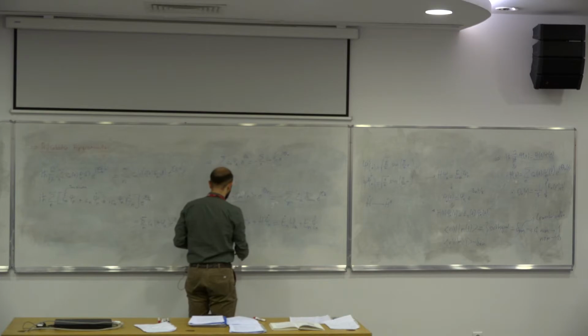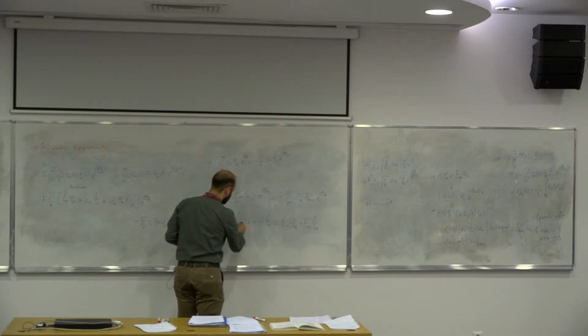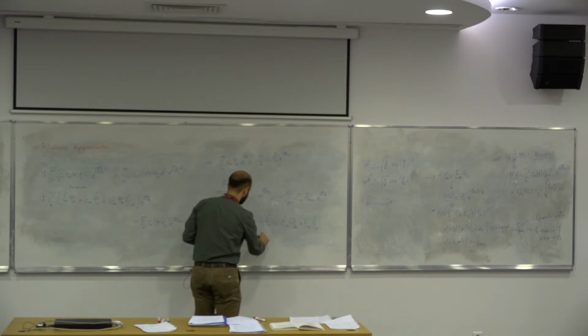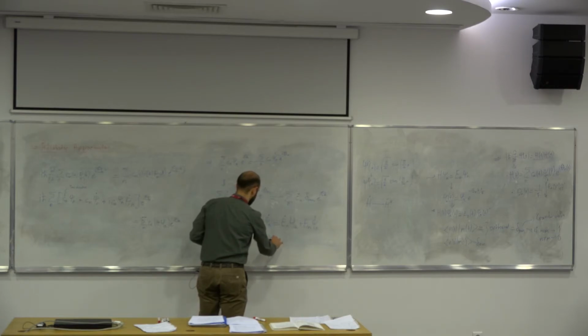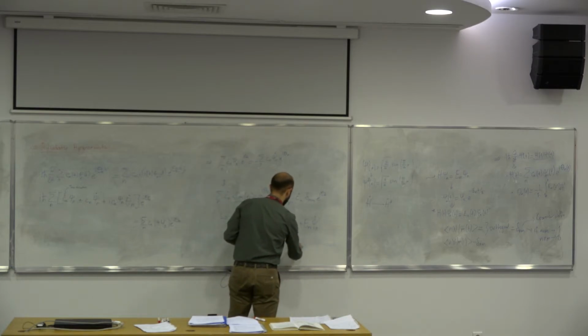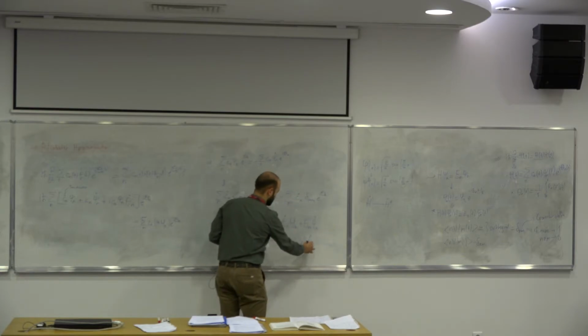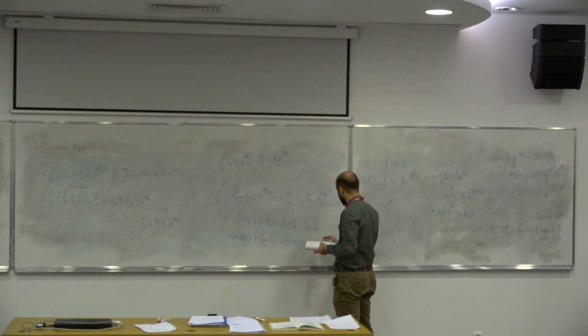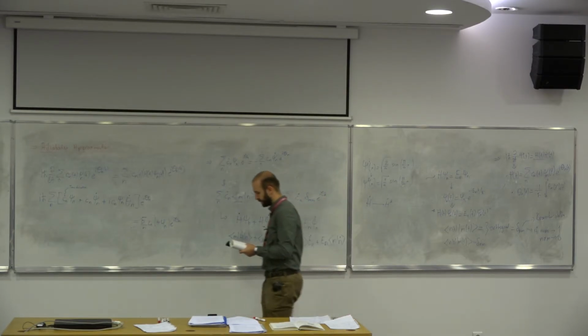Then again I'm going to do the same trick. So I have ⟨m|Ḣ|n⟩, and then ⟨m|φ̇_n⟩. Since this is just a constant, it's not an operator, I can write it that way, and then E_n ⟨m|φ̇_n⟩.